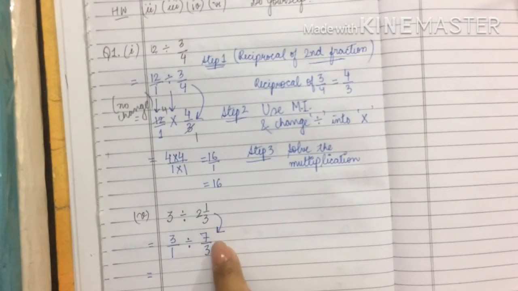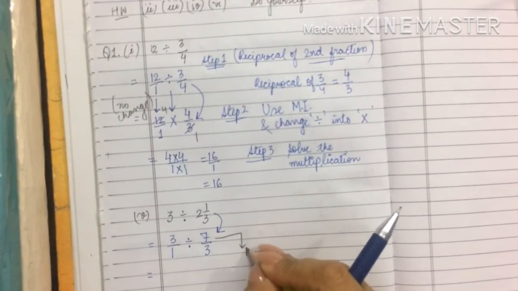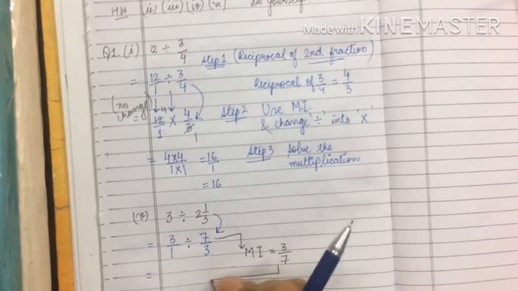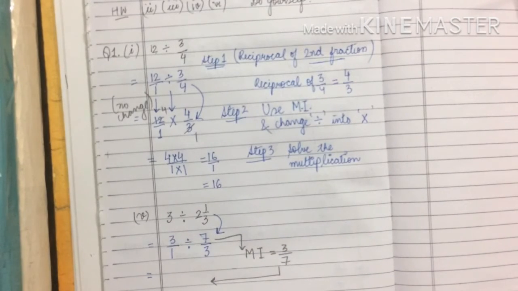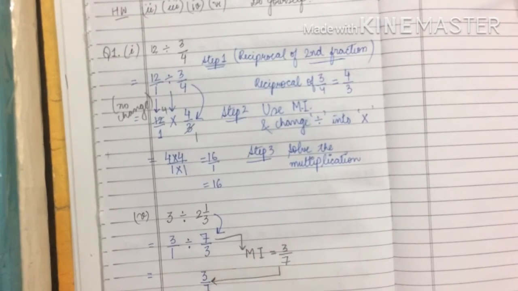If you want, you can write it on the side. Its reciprocal is 3 by 7, and this will be used here. You can also do this mentally and just write it here. So 7 by 3 becomes 3 by 7, and at the same time this division sign changes into multiplication. There is no change to the first fraction.